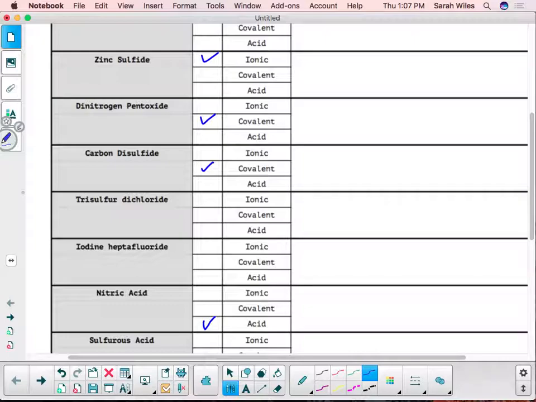Prefix, sulfur is to the right of the staircase, non-metal, covalent. Iodine, left of the staircase, right of the staircase, it's okay. To the right of the staircase, non-metal, covalent. Sorry, I know metal and non-metal, I don't know left and right.